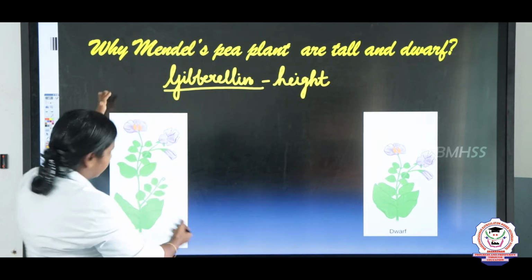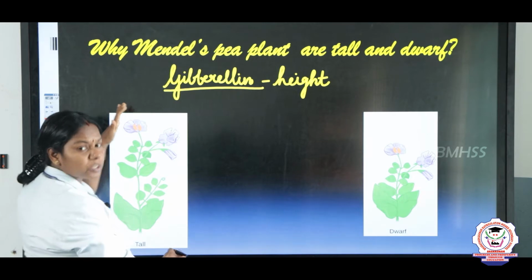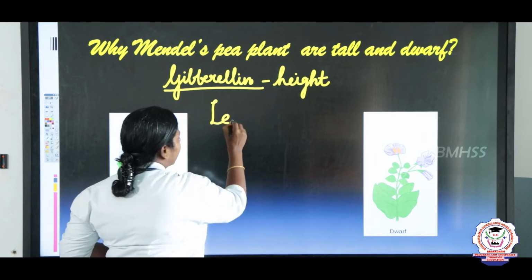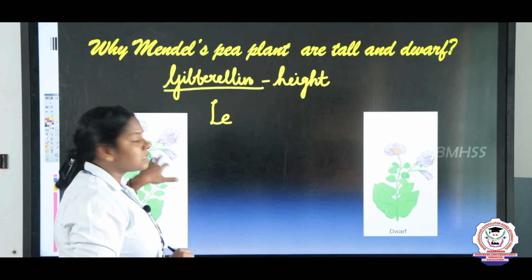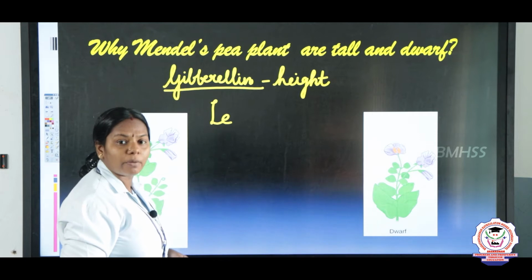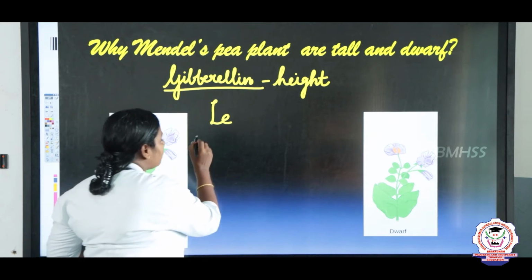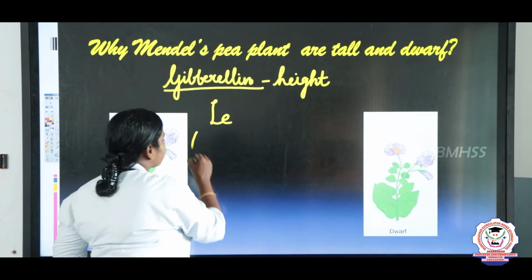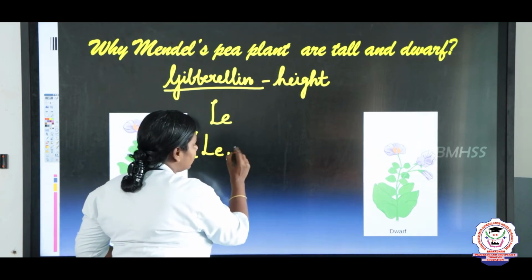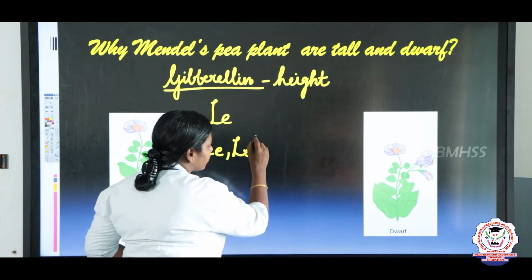So the tall plant possesses the gene Le, which is responsible for the plant height. For example, this allele is dominant. The tall plant possesses the alleles capital Le and Le.